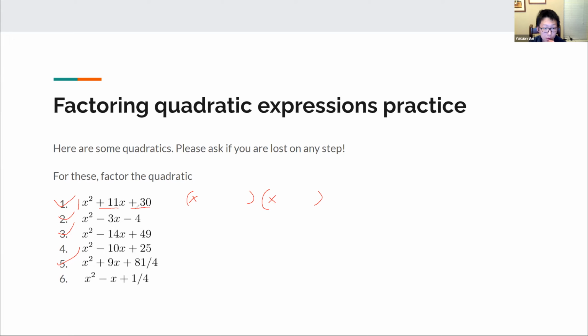So what we look for is two numbers. They don't have to be whole numbers. Two numbers that multiply out to get 30. So if we call these plus A plus B, A times B would be 30, and then they add together to get 11. So A plus B is 11.